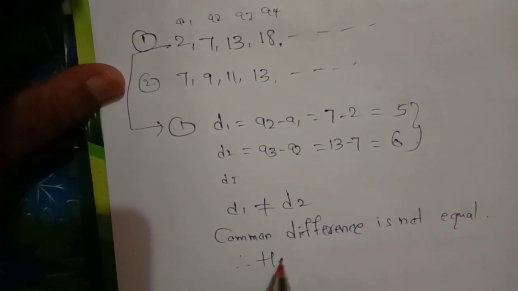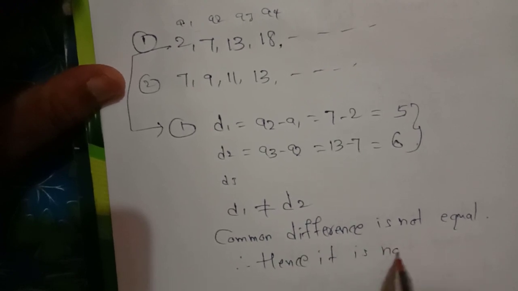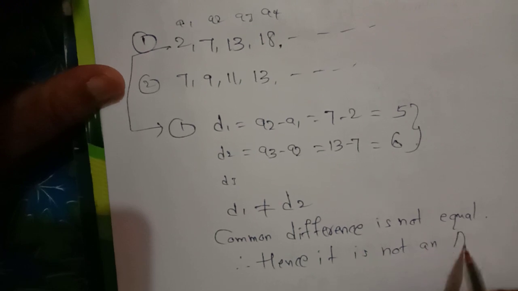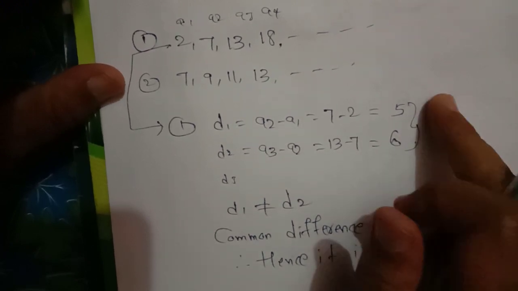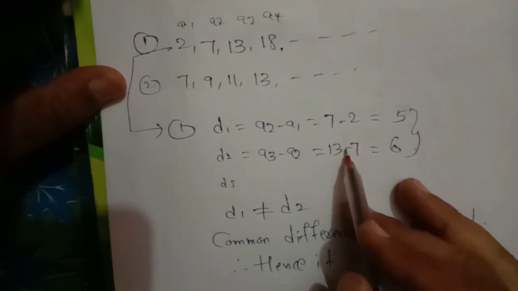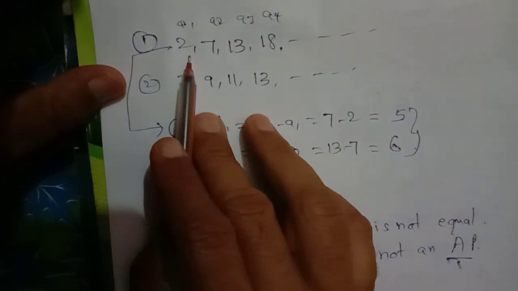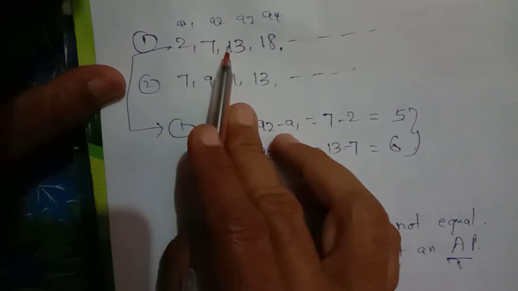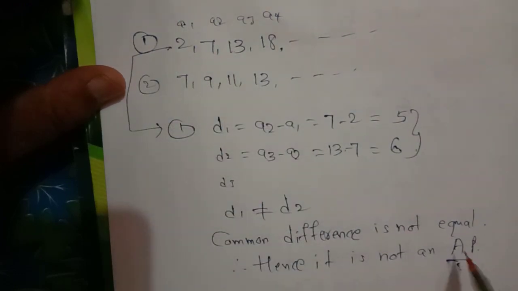Hence it is not an AP. If the common difference is same, then we can say it is an AP. But the common difference is not same in this sequence, so we can say it is not an AP.